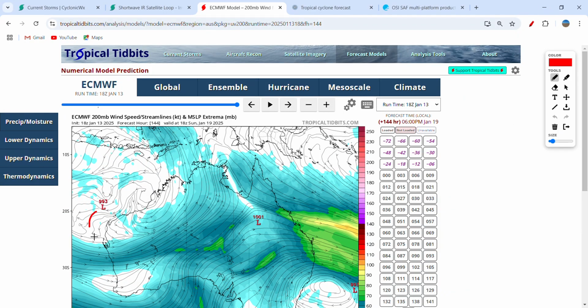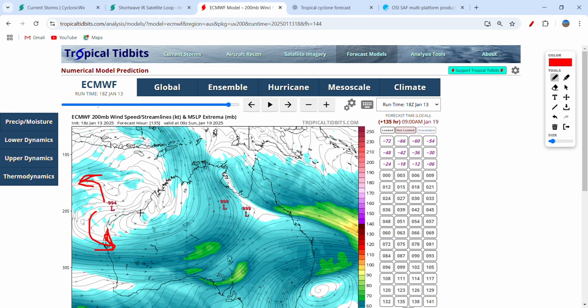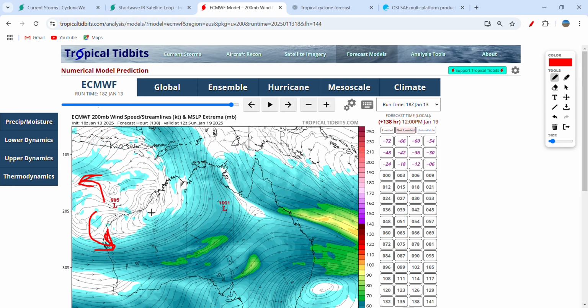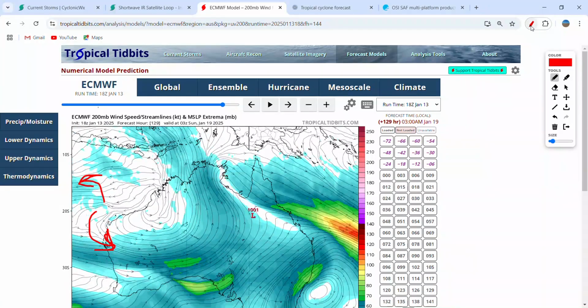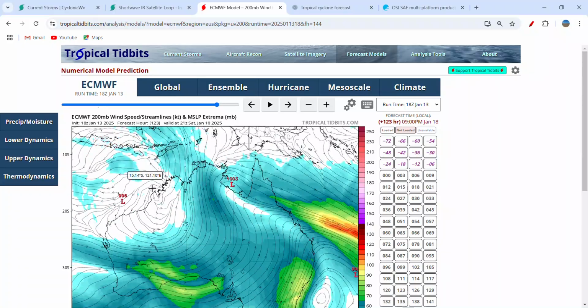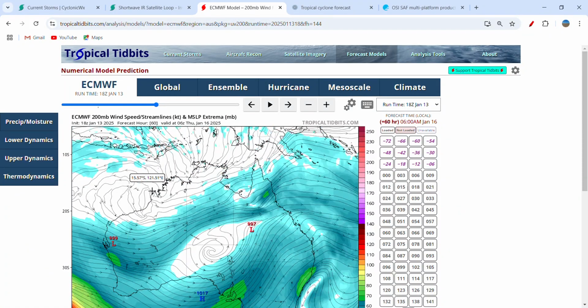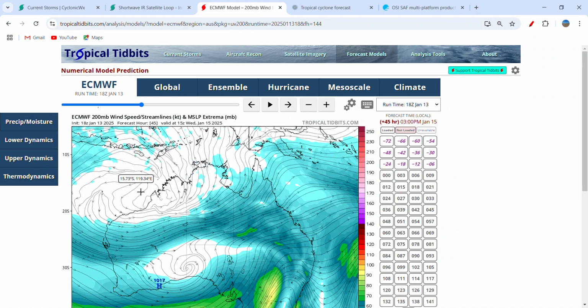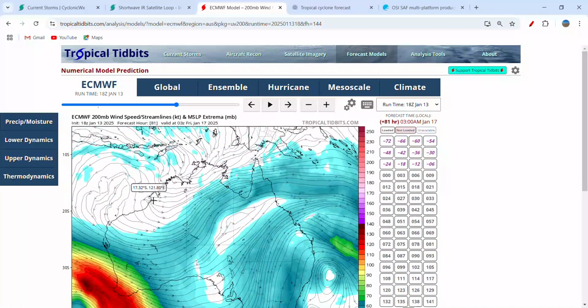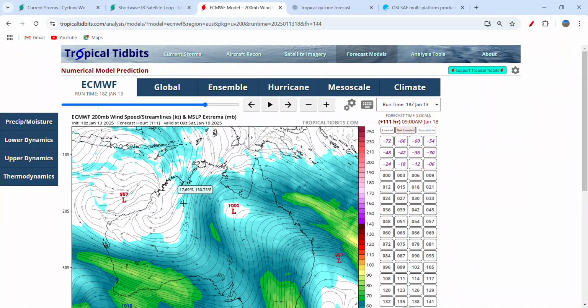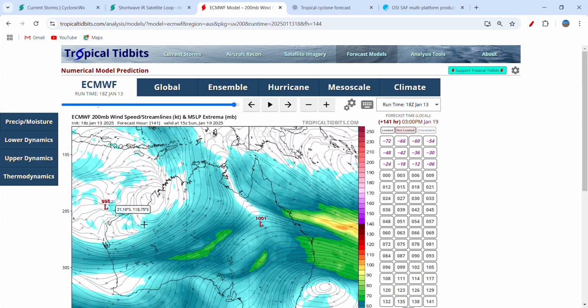Even here, weak but divergent to some extent. And even up to hour 144, we see that yes, there is a pretty nice upper level pattern. It's not the best, it's not top tier, but it's somewhat favourable with the fact that the upper level flow is generally weak and broadly anticyclonic, so there will be benefits to that.